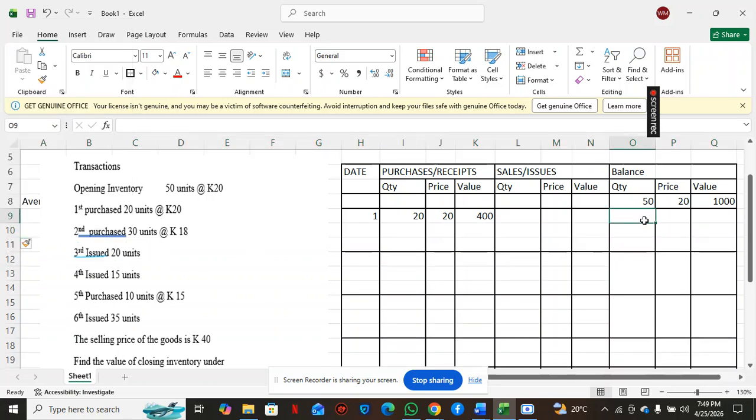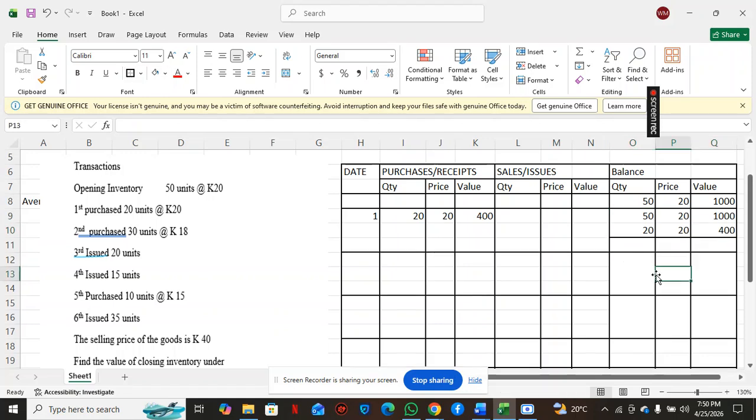First, remember we have 50 units valued at 20 kwacha each, 1,000. Then we've brought in another 20 units valued at 20 kwacha each, 400 kwacha.